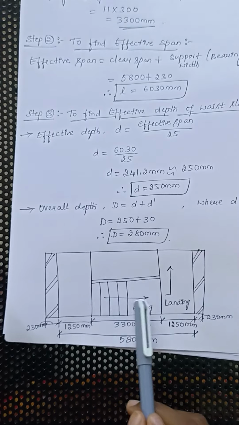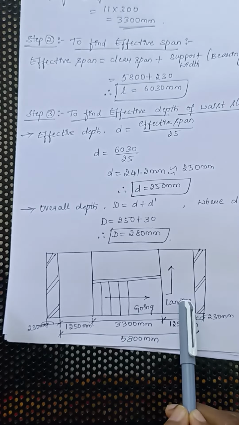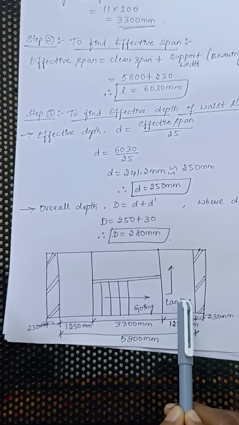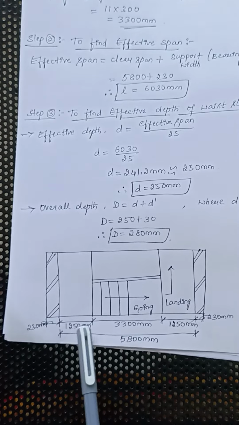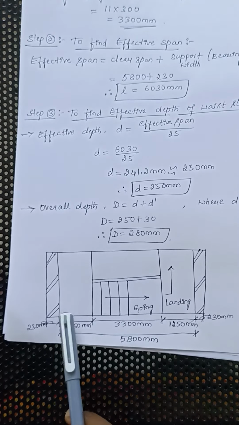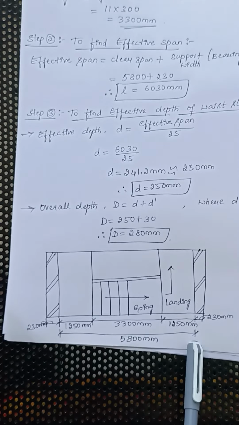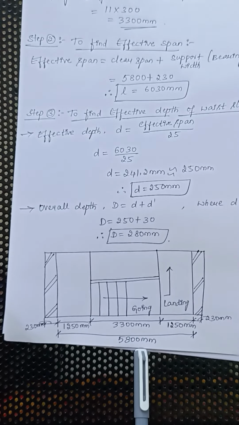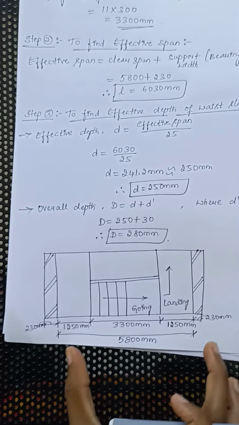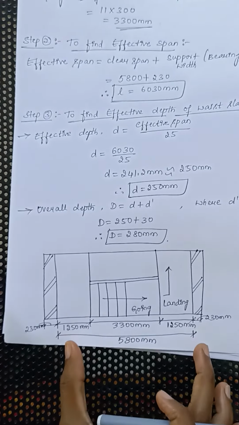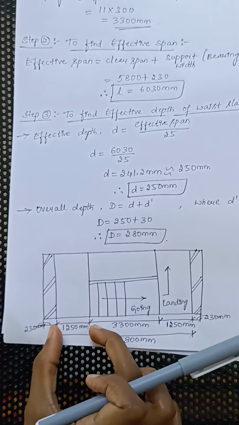Here we have found the width of the going, that is 3300 mm, and we kept the width of the landing the same as the width of the stair, which is 1250. We don't know what is the value which is coming in between the support as well as the staircase. To find this, we know the total clear span length, that is 5800 mm. Let us subtract the addition of these two from the total length. On subtracting, the value which is left out is 1250.